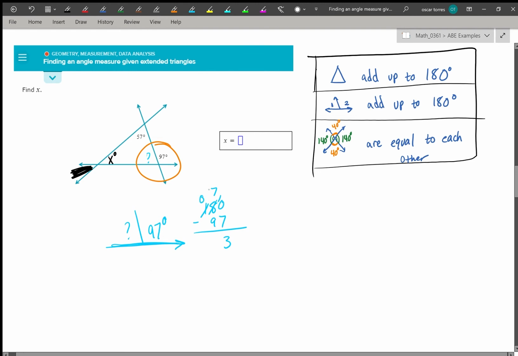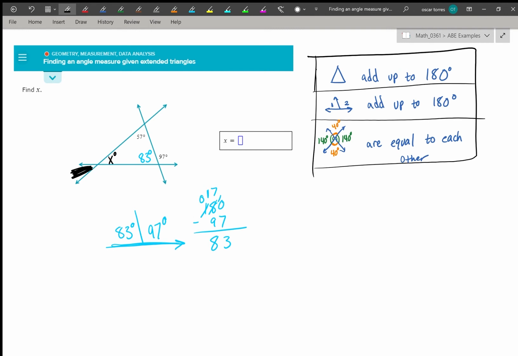This 1 becomes a 0, and the 7 becomes a 17. 17 minus 9 becomes 8. So we end up with an angle of 83 degrees. So that's the angle that's going to be inside of this triangle, 83 degrees.